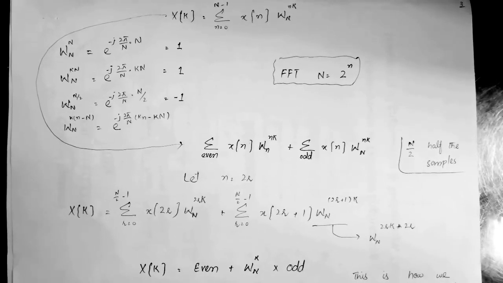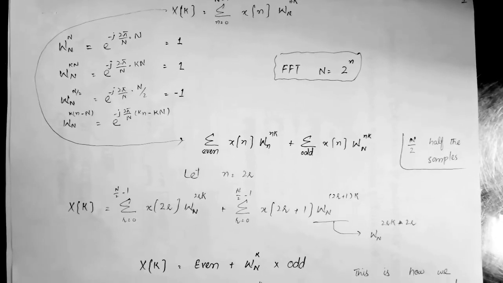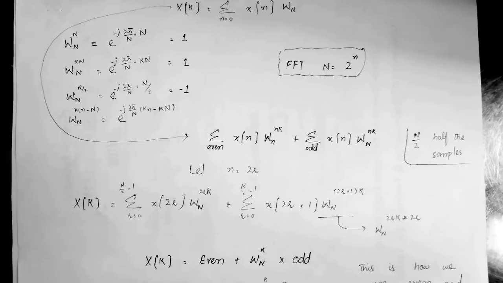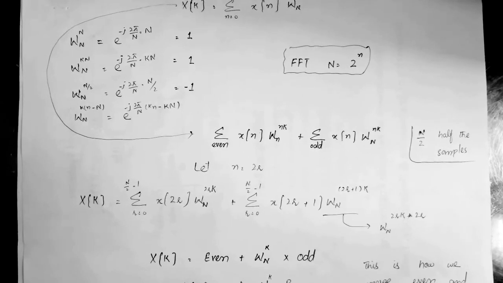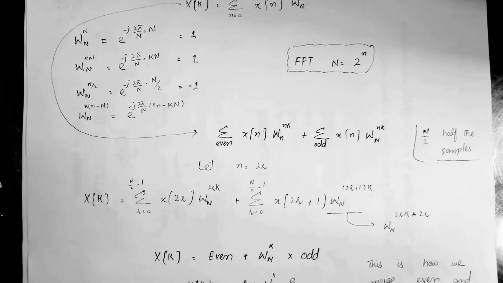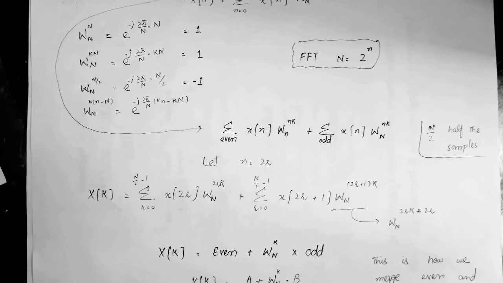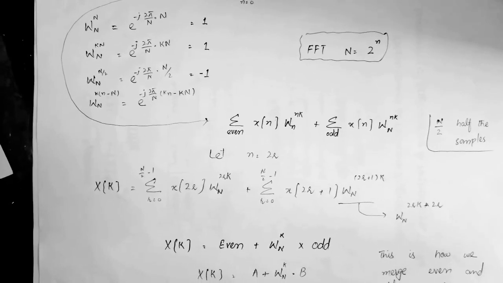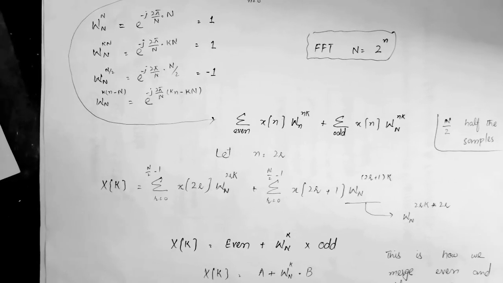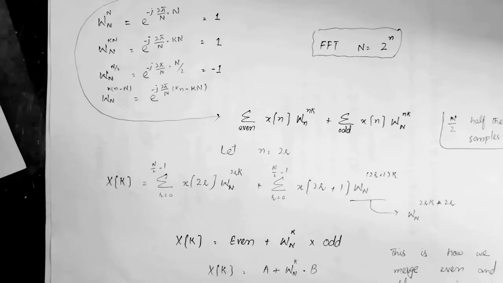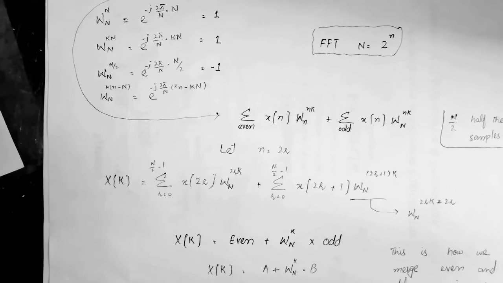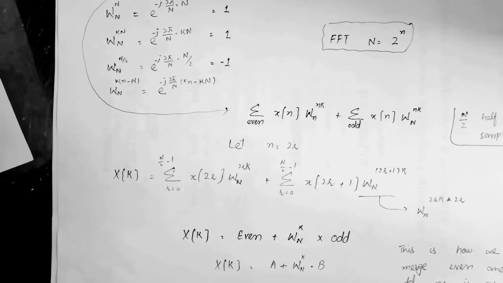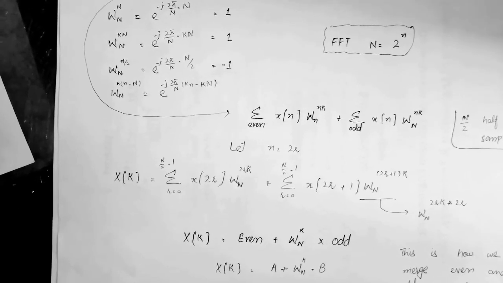We have to calculate the fast Fourier transform of both even and odd terms separately as given in the equation, and then we will add both Fourier transforms of the even and odd series with the formula X of k is equal to even plus W N of k into odd terms. This will reduce the number of multiplications and additions of the transform. This is how we can merge even and odd data and halve the number of samples.